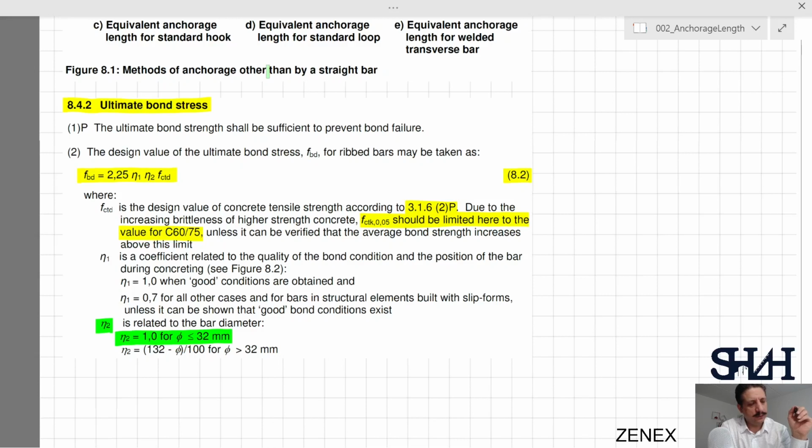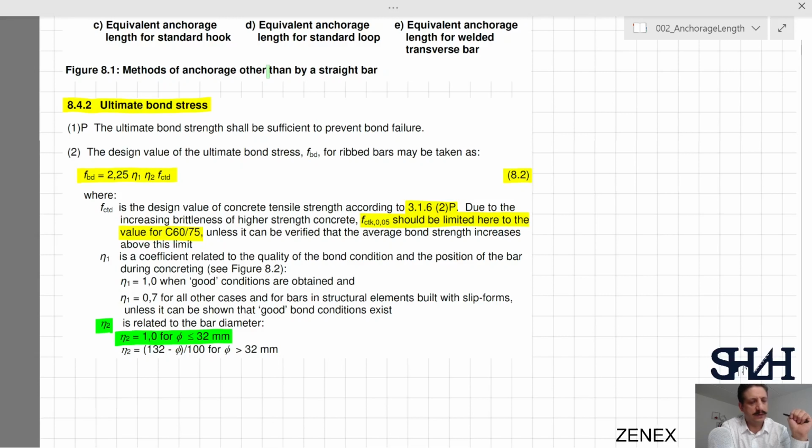And eta 1 is the coefficient related to the quality of the bond. If we look at deep concrete elements, then in reality, the bottom of the concrete will be more dense compared to the top or upper levels.